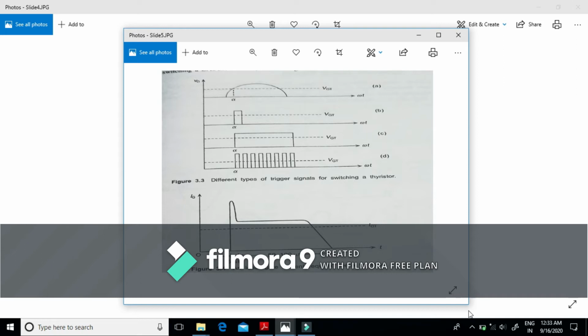Normally, the gate signal is not required continuously, except for inductive loads where a continuous triggering pulse is required. For high power applications, we need to isolate the control and triggering circuit from the power circuit.